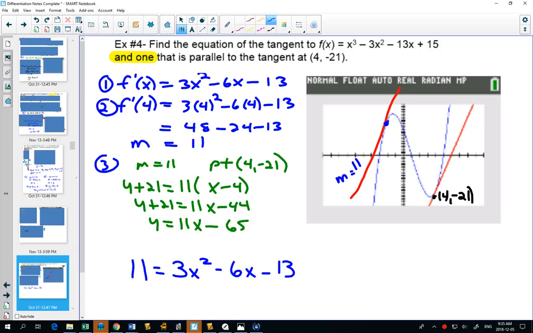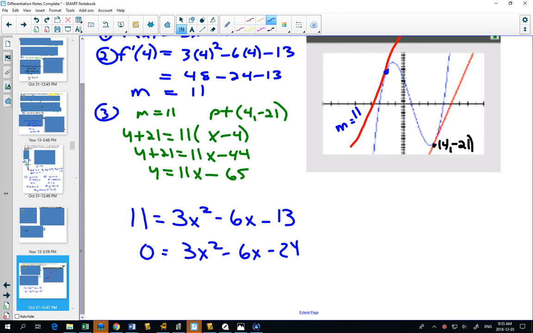How would I solve this? Move my 11 over to the other side. Can you see that you could factor a 3 out of there?